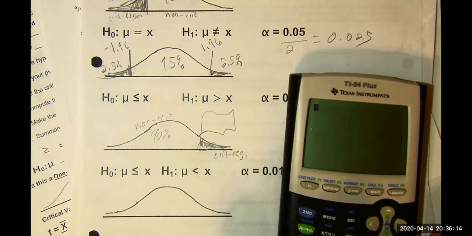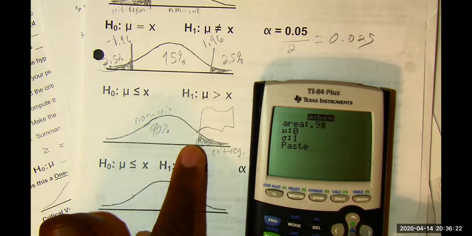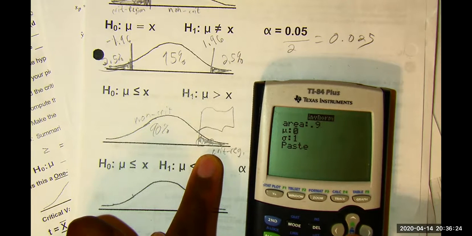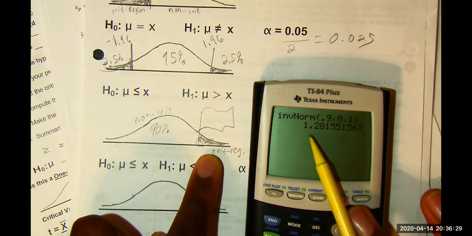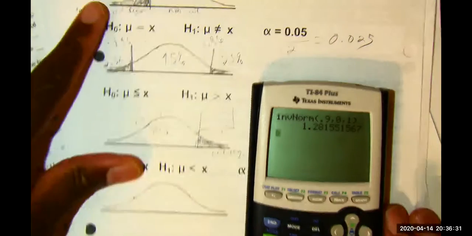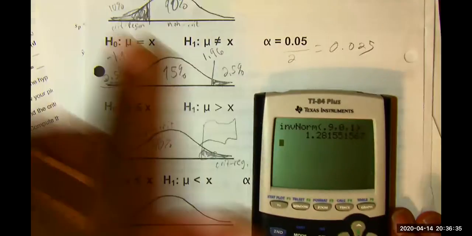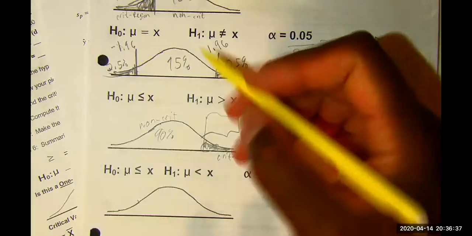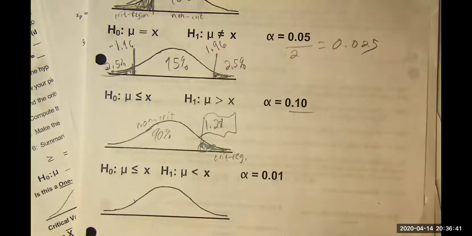And remember, your calculator inverse norm naturally shades from the left up. So I would type in 0.9 because it's 90% here, alpha's 10%. And you know it's a positive 1.28. And good job. Up here, we recall, in this case, we have the negative 1.28, so we know it's working out. But we're on the right side, so our z-score would have to be greater than positive 1.28 to be statistically significant.